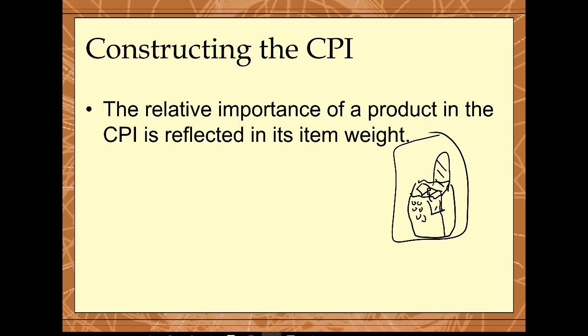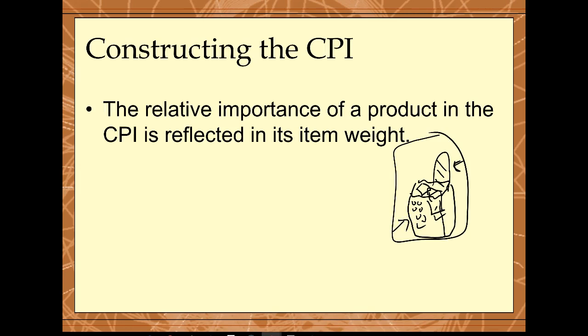Well, what we do is give each item a weight based upon purchasing habits. For example, what if you spend 75% of your money on bread and only 10% on grapes?